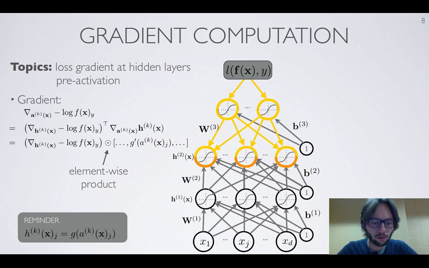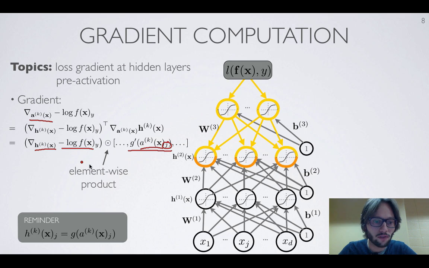Now, if I want to compute the gradient of the loss function with respect to my pre-activation, so the vector of partial derivatives, what I have to do is to take all the partial derivatives and put them in a vector. Remember that it only corresponded to taking the partial derivative of the loss function with respect to the activation of a neuron and multiplying it by the derivative of the activation evaluated at the pre-activation of that same neuron.